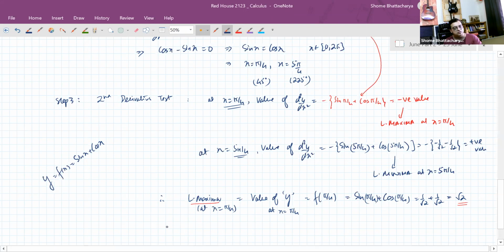And similarly, this is the value of y at x equal to 5 pi by 4.